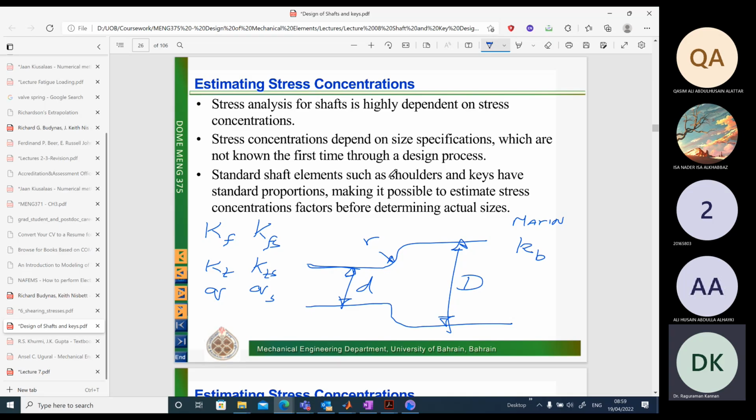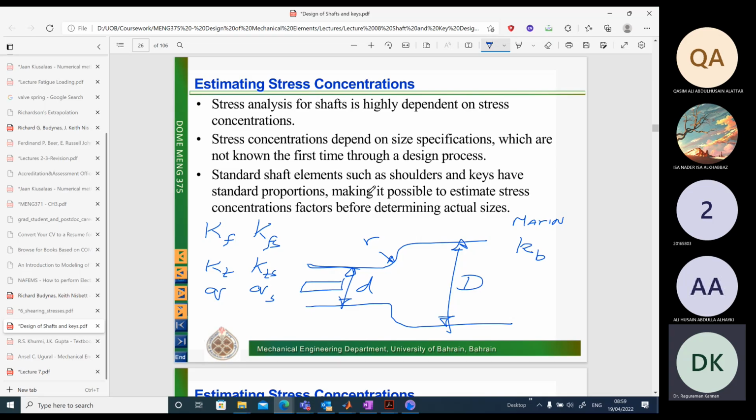Standard shaft elements such as shoulders, so this is a shoulder. In addition, a shaft might also have keyways. We have seen that in order to connect a hub to the shaft, we need key seats, or keyways. So that is what it is talking about. This also leads to stress concentration effects.